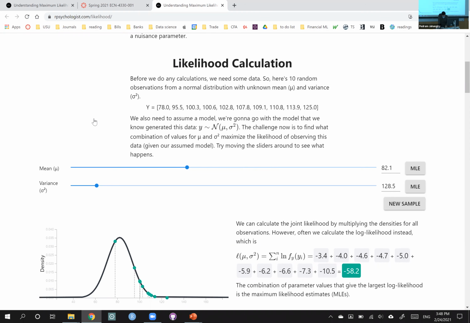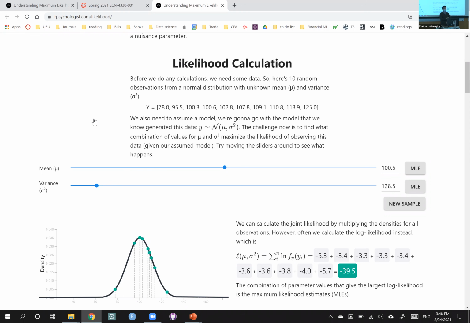At some point, you said 100. When I get to 100, it's very close. So if I come up with a way to calculate the joint probability that these 10 observations happen simultaneously, and I maximize that probability by changing mu and variance in this example, this is maximum likelihood estimation.